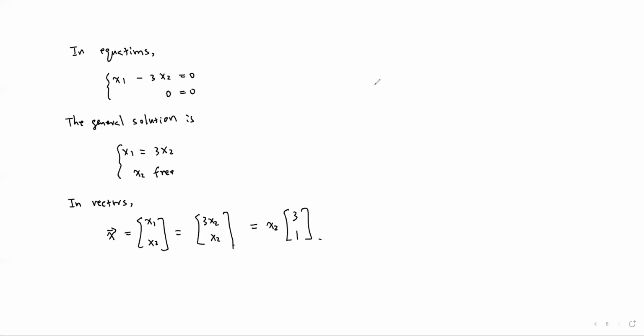Okay, the eigenspace. The eigenspace associated with or corresponding to the eigenvalue number 3 is, recall that the eigenspace is the set of all the eigenvectors, plus 0.